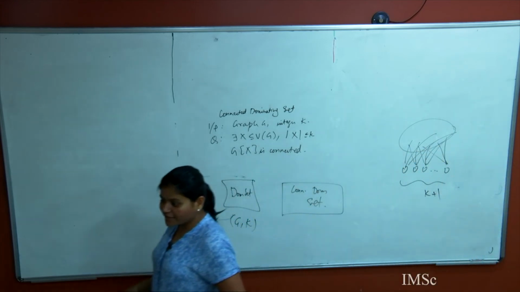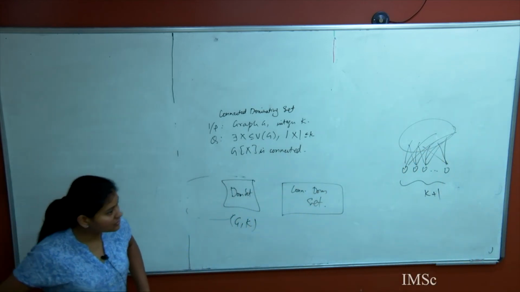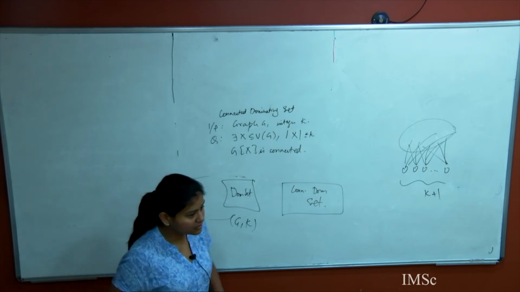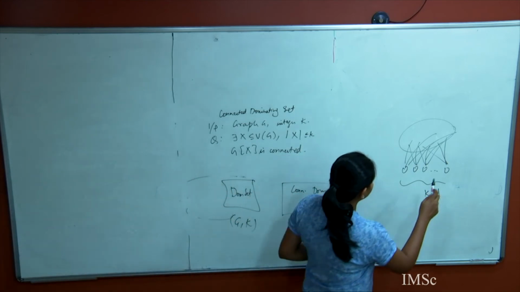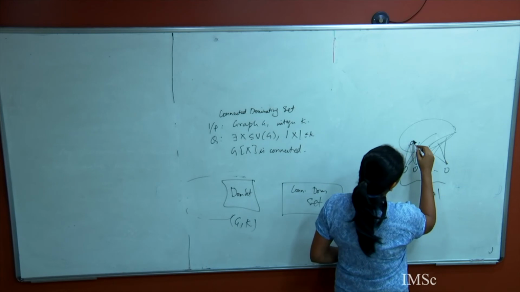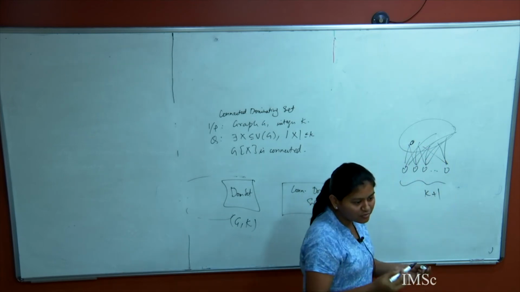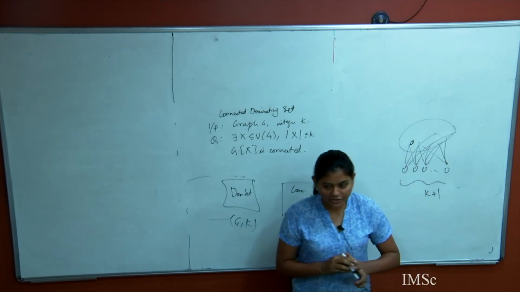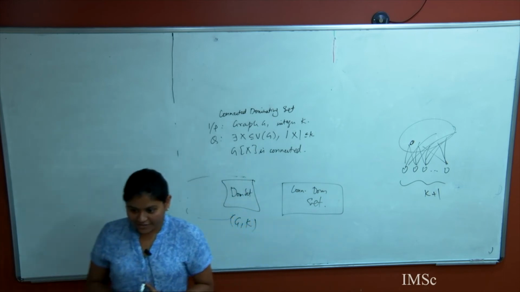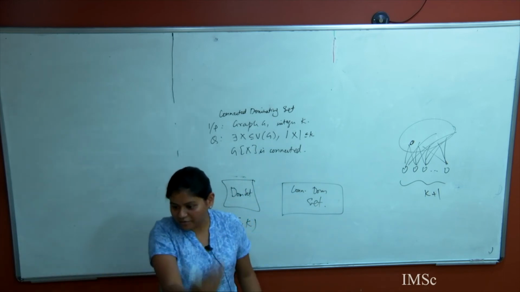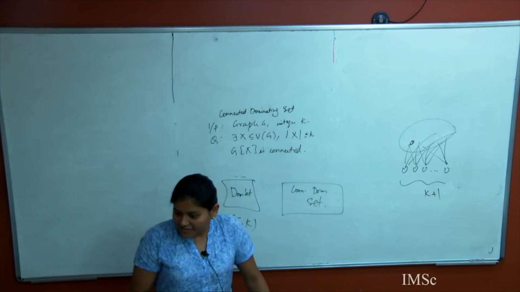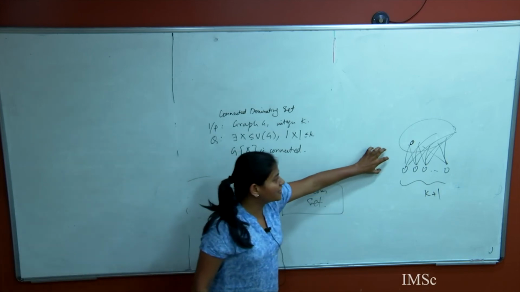If you add something from outside, it won't dominate the other k vertices. Just pick one more, and it has a dominating set of size 2. So it won't work. Take the new vertex and take somebody, because everything is adjacent, right? So then you get a dominating set of size 2.